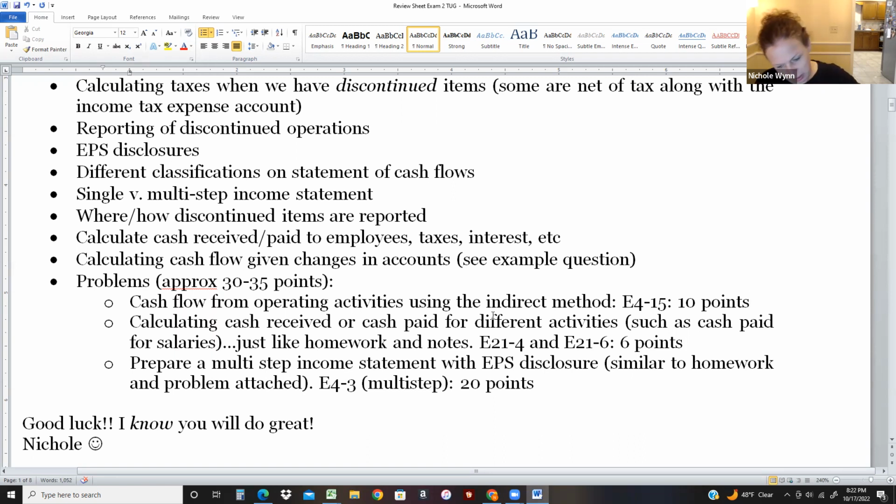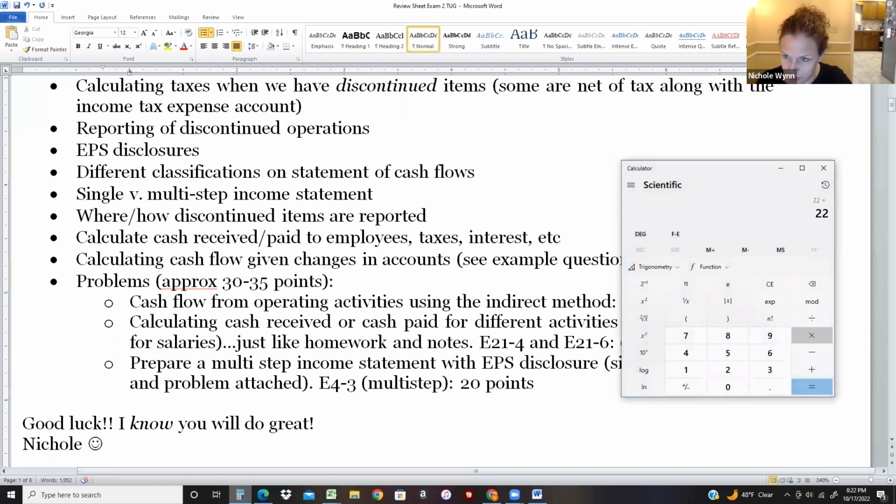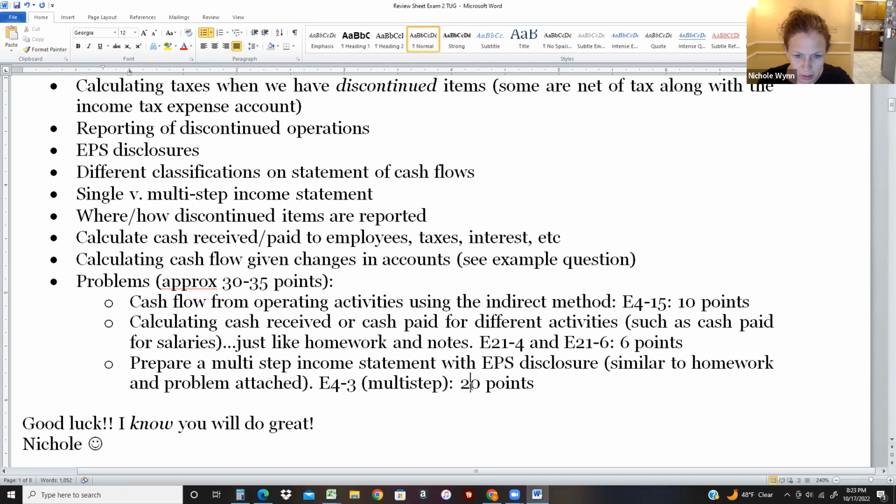If 36 points are the problems, then I think that's fine. Each of your multiple choice questions are going to be worth 3 points apiece. Then I'm going to bump up this one to 22 points and this one to 12 points. The one where you do cash flow from operating using the indirect method will be worth 12 points, and the one where you build the big income statement will be worth 22. That will get us to 106 overall, which gives you a lot of wiggle room.